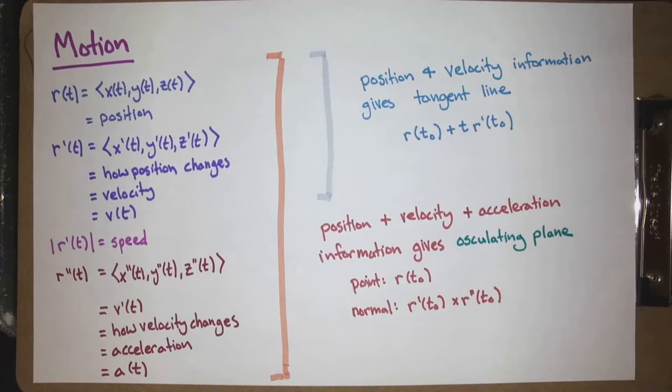We also mentioned that if you take the magnitude of velocity, which is now not a vector, this is a number depending upon t, that's speed. So speed is essentially velocity, but you lose information about the direction that you're going. Or you can think of it the other way around: velocity is speed, but it also says, I know where you're going.